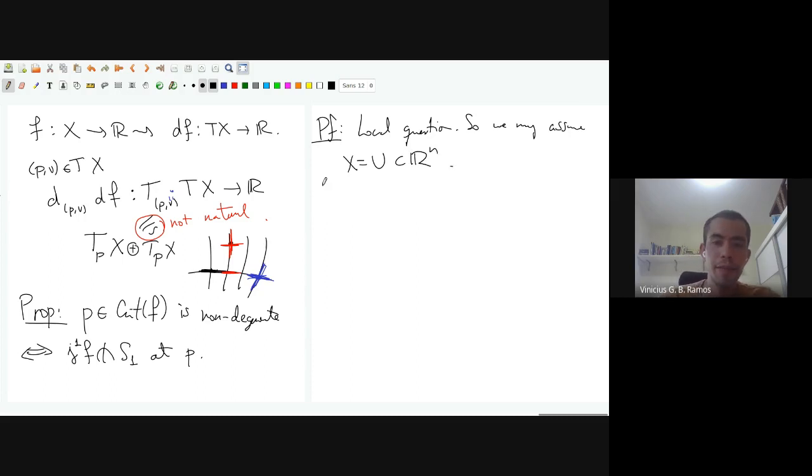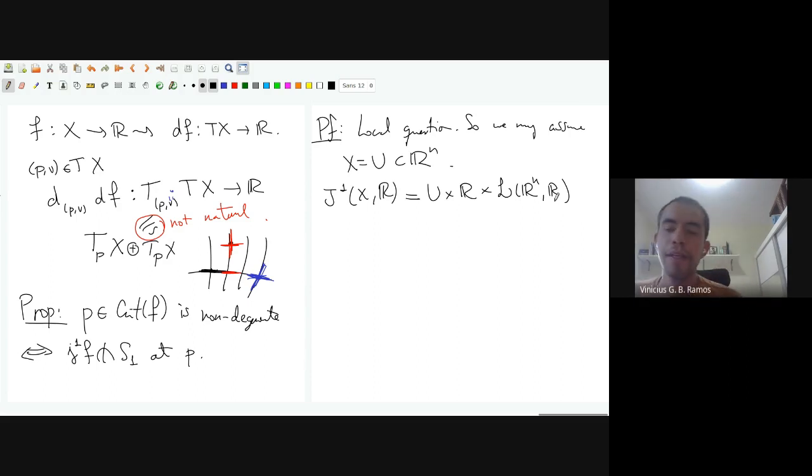Okay, so then the one jet space, you can think of it as just U times R times the set of linear functions from Rn to R. These are the degree 1 polynomials with no constants, or the constant is here.